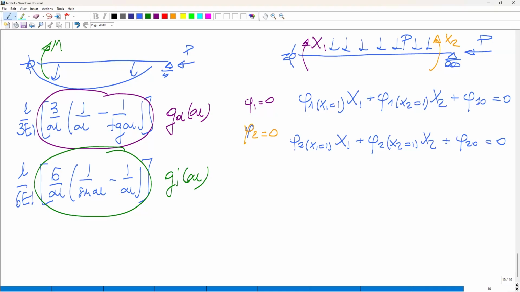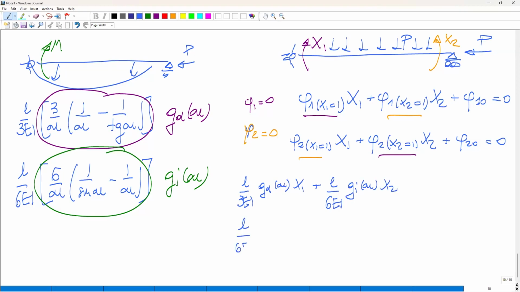Well, you see these ones: they are L over 3EJ times GD and L over 6EJ times GE. These are just what you need. So what you will have here is L over 3EJ G direct X1 plus L over 6EJ G indirect X2.